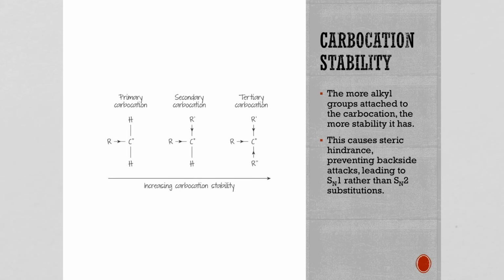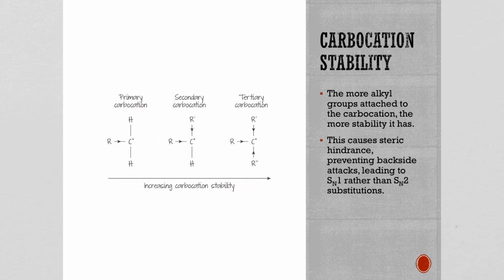So now we'll talk a little bit about carbocation stability. So the more alkyl groups that are attached to the carbocation, the more stability it has, because this causes steric hindrance, preventing backside attacks, which will lead to SN1 rather than SN2 substitutions. So a primary carbocation is less stable than a secondary, which is less stable than a tertiary.